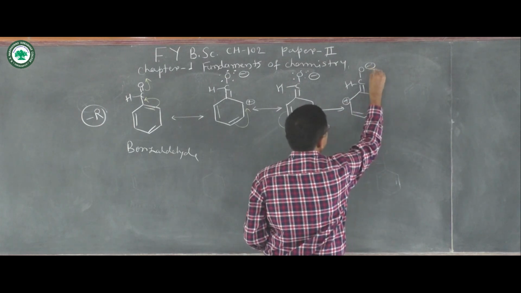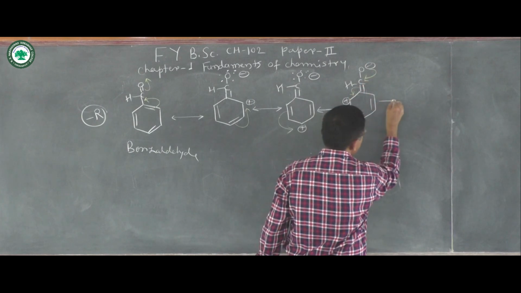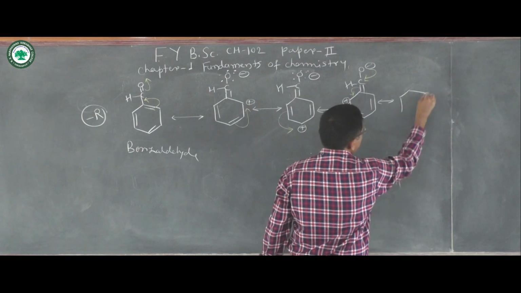And lastly, again this pi bond comes back toward the electron deficient carbon atom from the phenyl ring.